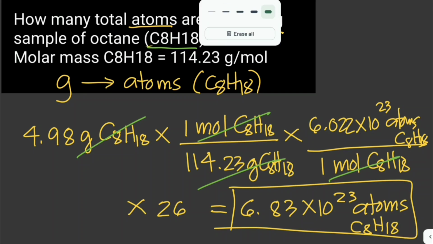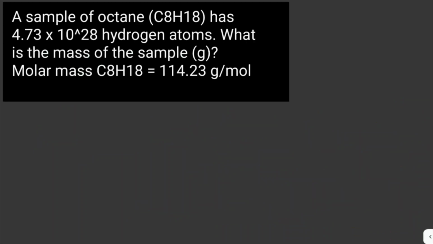Alright, let's solve another problem. A sample of octane, C8H18, has 4.73 times 10 to the 28 hydrogen atoms. What is the mass of the sample in grams? Given the molar mass of C8H18, which is equal to 114.23 grams per mole. So previously, we converted grams to atoms.